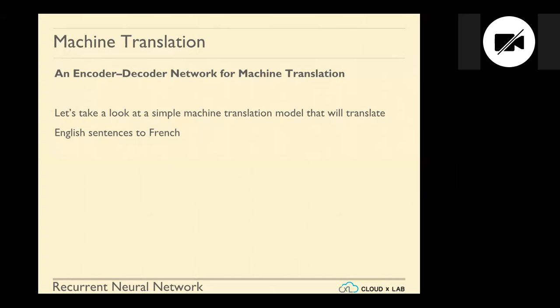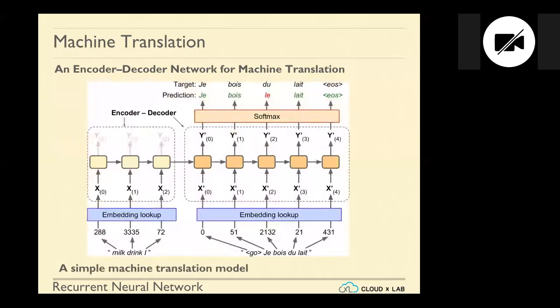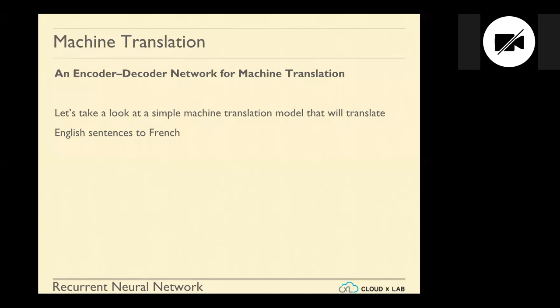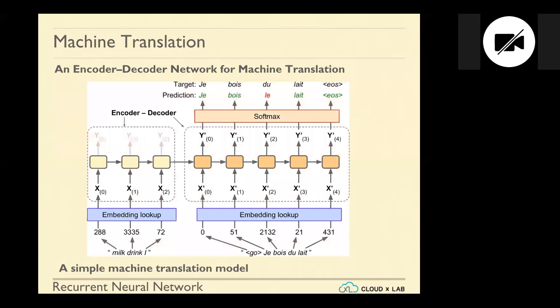All right, let's take a look at a simple machine learning model that will translate English sentences into French. The important part is that this machine learning translation system is built of two neural networks.